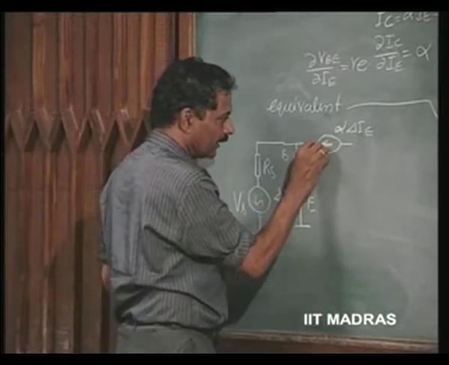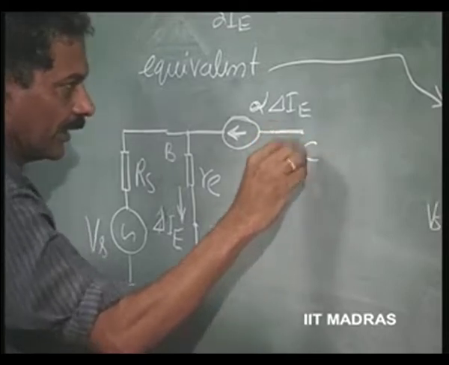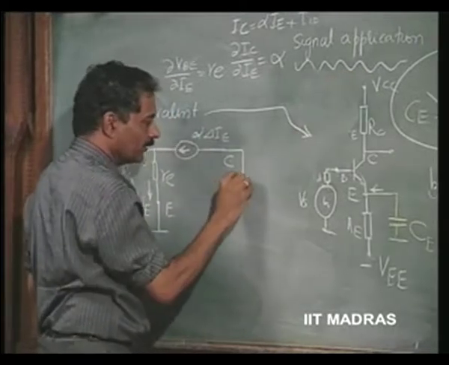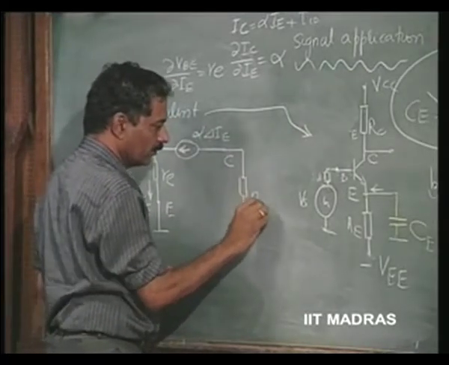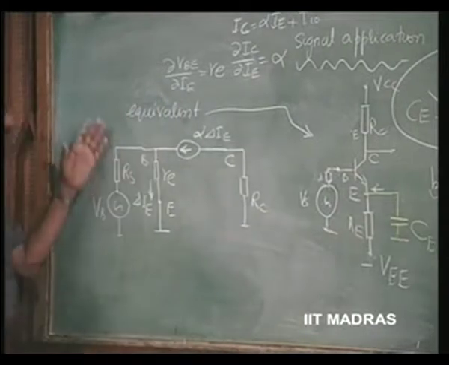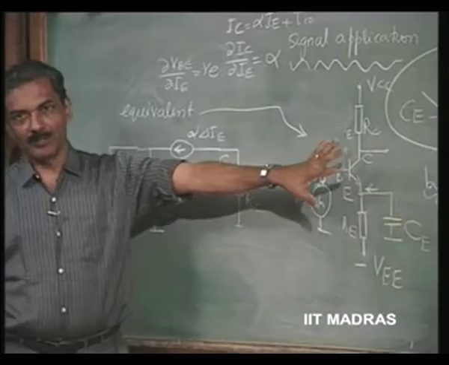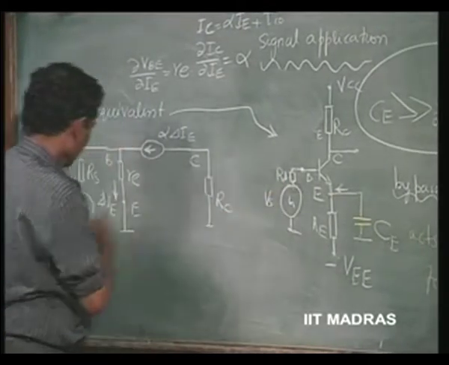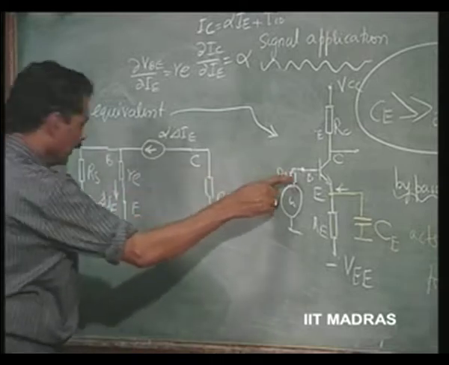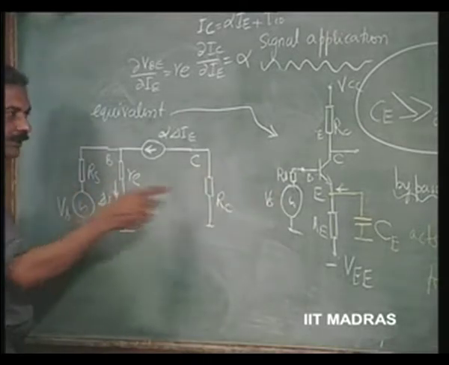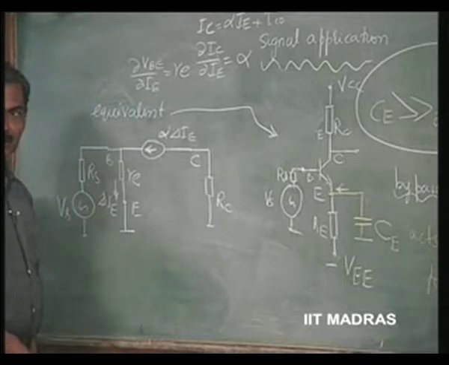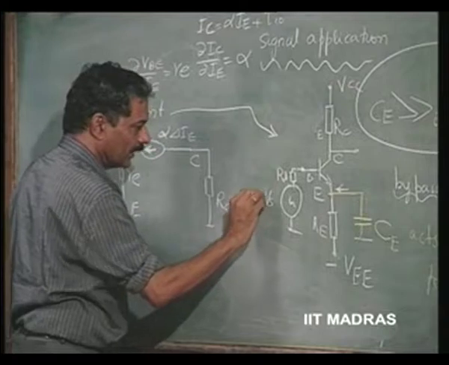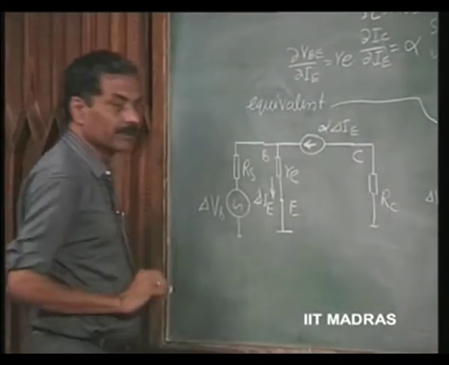So, we have this current flowing through like this, then we come to the collector, and from the collector we have a resistance to ground. This is what is called the equivalent circuit for this common emitter amplifier. Once again, let us trace this. Vs is replaced by the signal Vs, Rs is Rs. This is a small signal, so strictly speaking, we will put it as delta Vs, indicating it is a small signal.